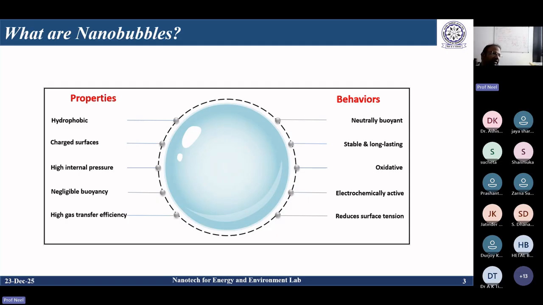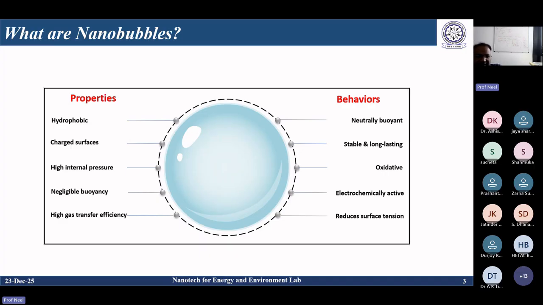Normally we use surfactants and chemicals to clean surfaces. These bubbles can clean without using surfactant. That's the beauty. Being able to clean the surface without any chemical is one of the biggest promising properties of the nanobubble.